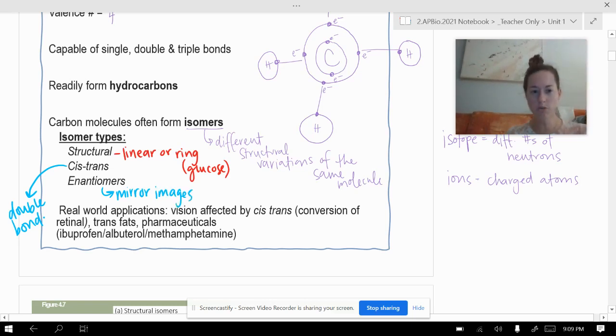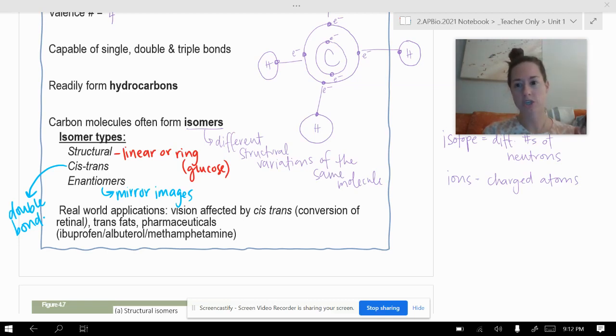And what's cool about these isomers is that they literally have different functions, even though they're the exact same types and numbers of atoms. So glucose is always C6H12O6, but whether it's laid out linearly or in a ring is going to affect its functions.